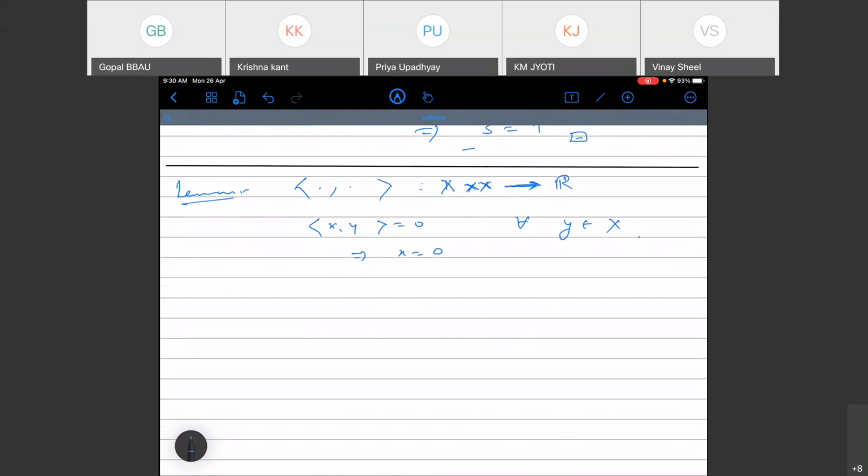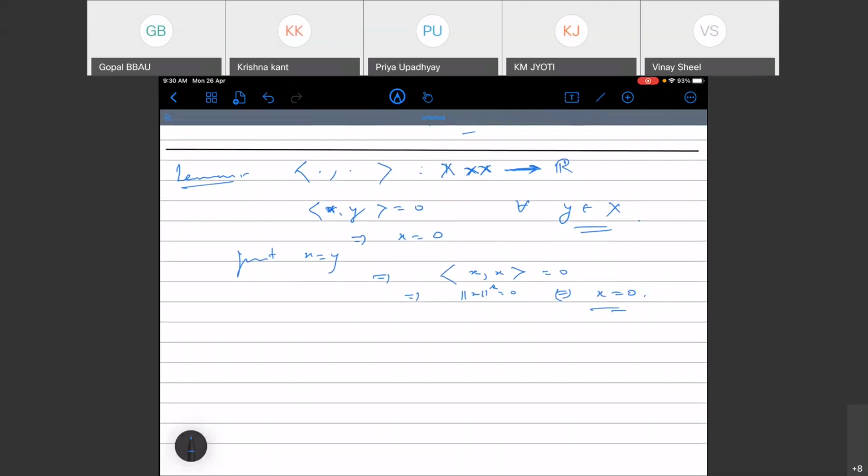It is very easy to see. Put y equal to x, since this is true for all y in X, and x is also a vector in capital X. So this will imply x comma x equals 0, which implies norm x squared equals 0, and you know this is true if and only if x equals 0.